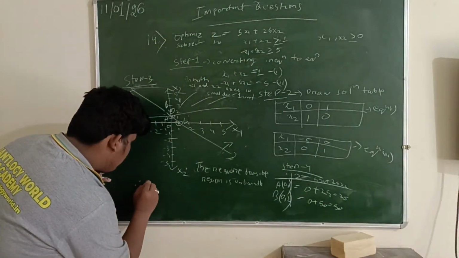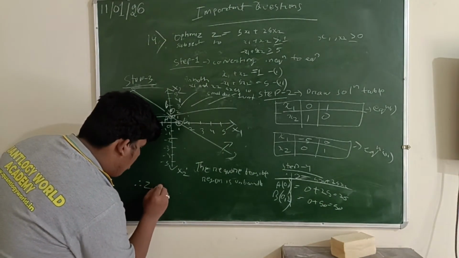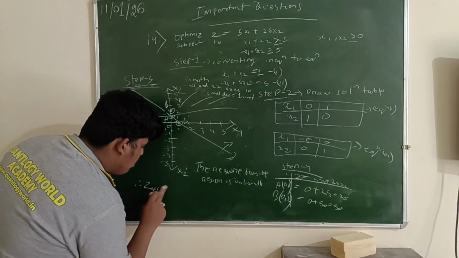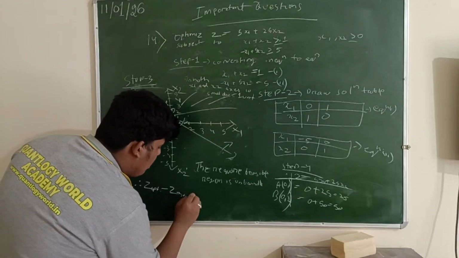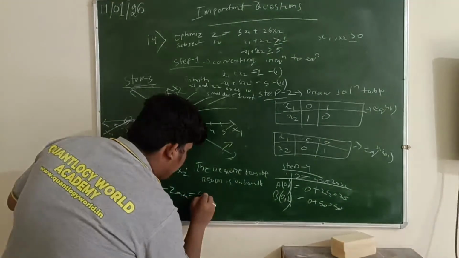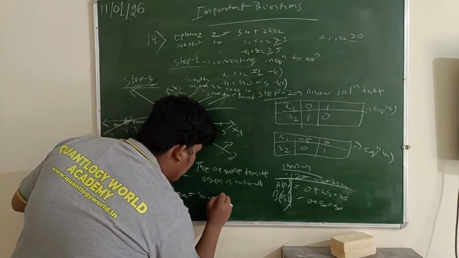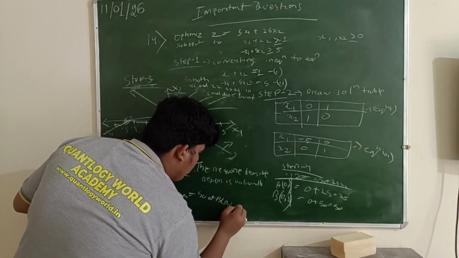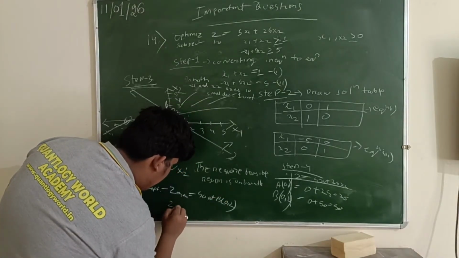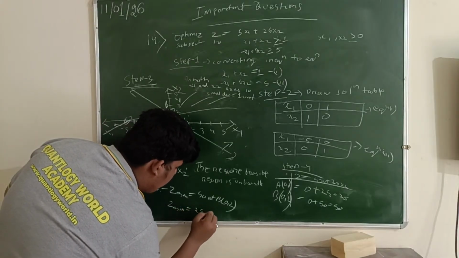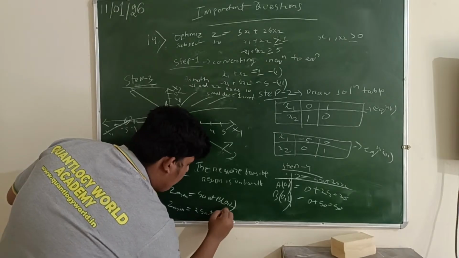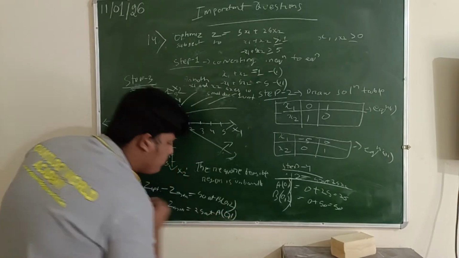This is the therefore part of the question. So we will write Z optimum: Z max equals 50 at B (0, 2) and Z min equals 25 at A (0, 1).